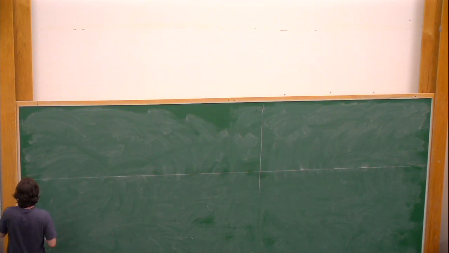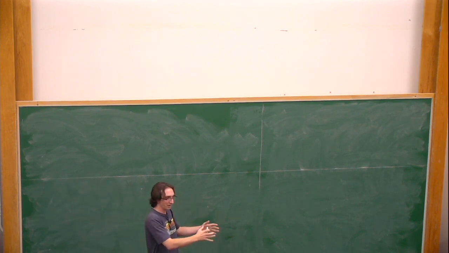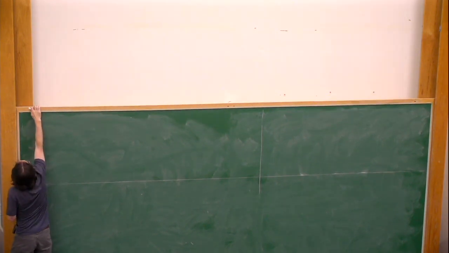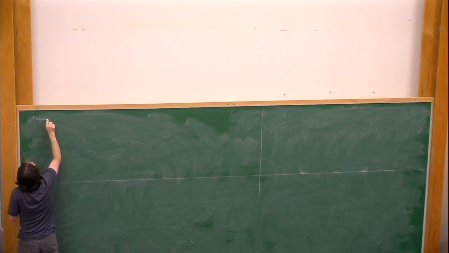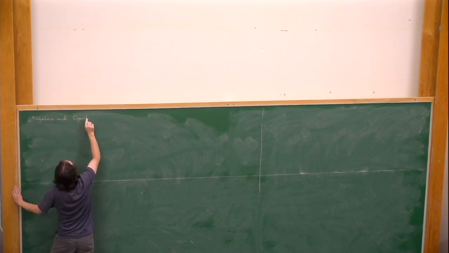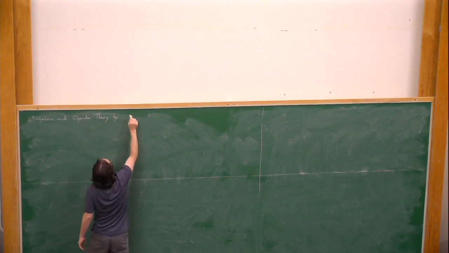Okay, thanks, Mike. First, I want to do something that I meant to do in my first lecture, which was to give a few references. I'm developing the abstract C-star algebra theory in tandem with the more concrete application to spin systems. If you're new to the abstract C-star algebra theory, there's a very nice book called C-star Algebras and Operator Theory by Murphy.